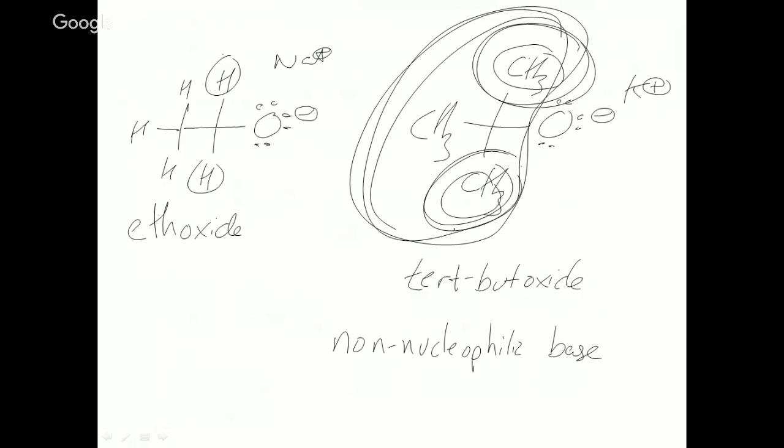It's going to find a proton. It's only going to react as a Bronsted base. So it's a non-nucleophilic base, non-carbon attacking base. And it's a really important one. We'll mention that one a lot. It'll help us to make some predictions about reactions.